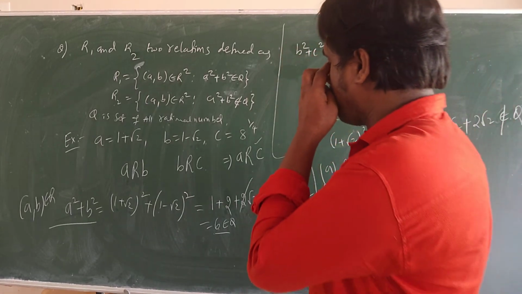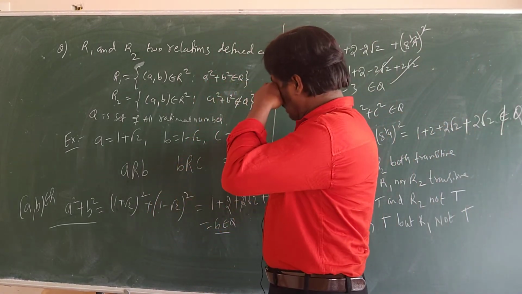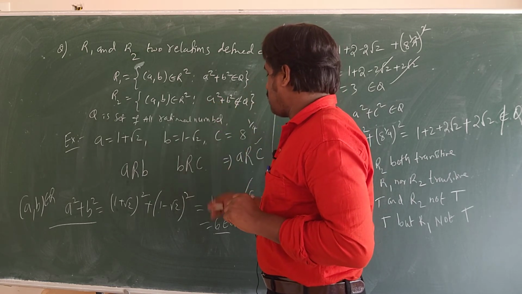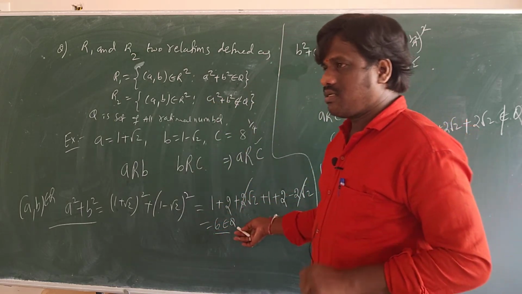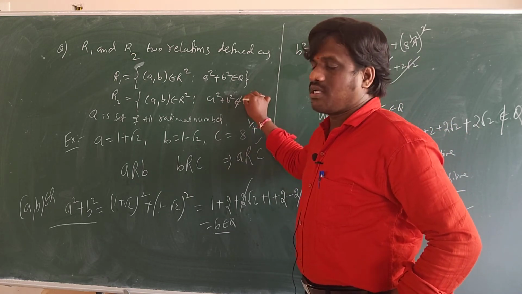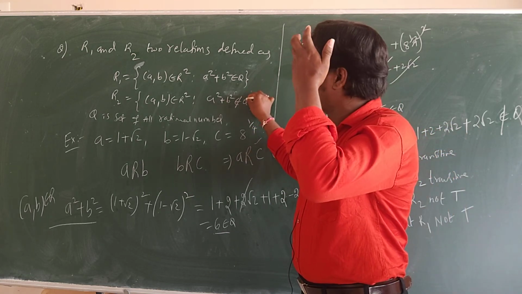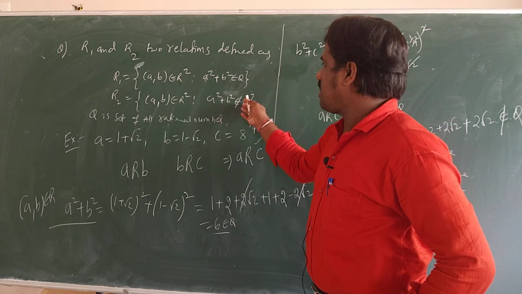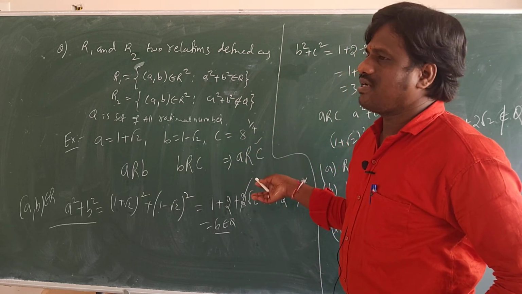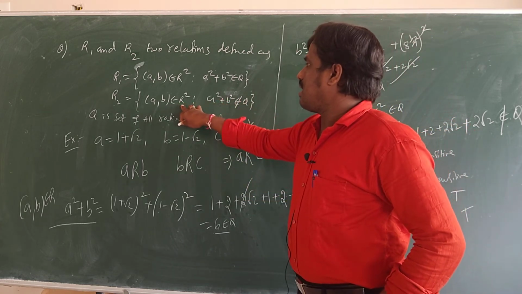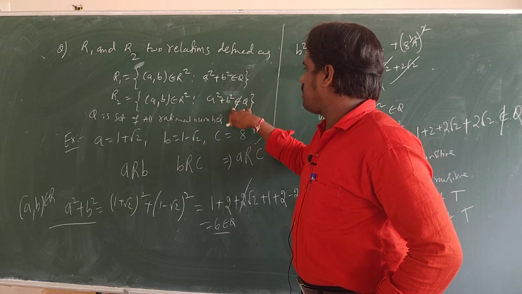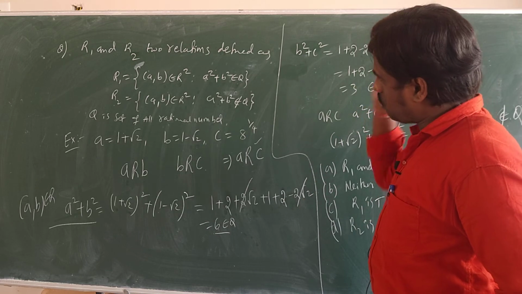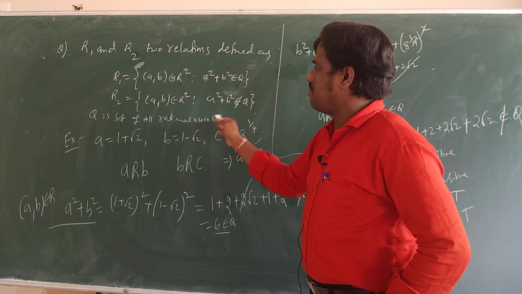See, A is equal to 1 plus root 2, B is 1 minus root 2, and 8 power 1 by 4. So I do A square plus B square, what will I get? 6. It should have given not belongs to Q, but you got belongs to Q. It means R2 failed here itself. A, B belong to R square, so A square plus B square should not belong to Q, but you are not getting that for all rational numbers.